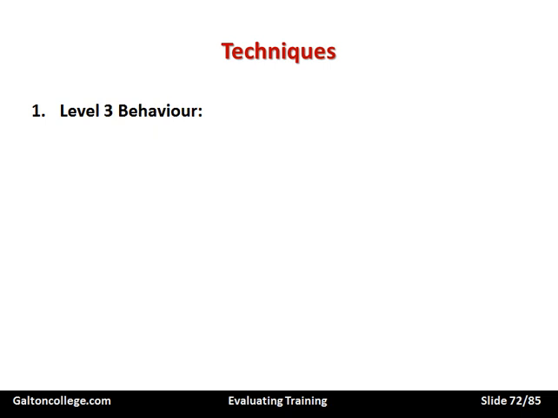Level 3, behaviour. Well, conducting self-assessment questionnaires. Again, very biased. Self-assessment questionnaires, they wish to make themselves look like they're participating and interested and involved, and they are applying what they've learned in the training program, so that the behaviour has changed for the better.